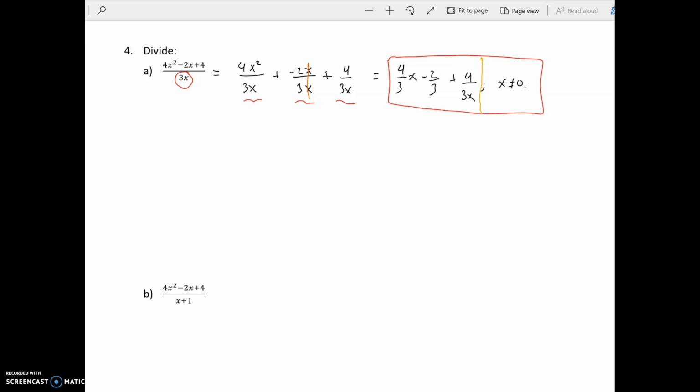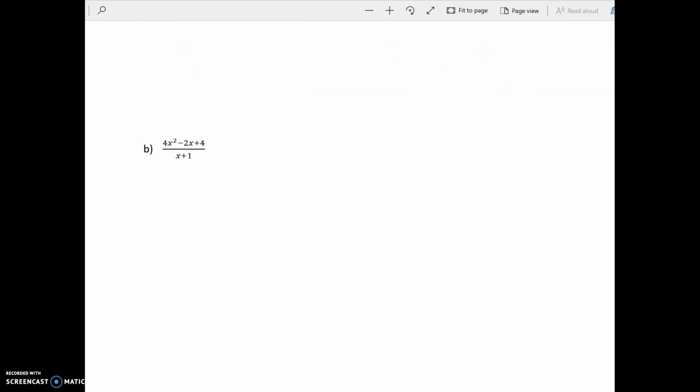Now let's take a look at example B, and it's almost the same problem, but the denominator happens to be a binomial. So in this particular problem, we have to do the long division.